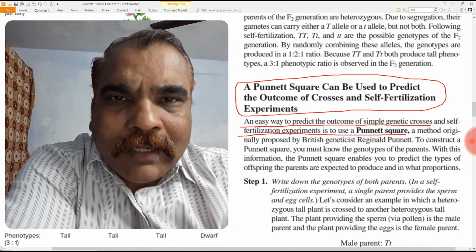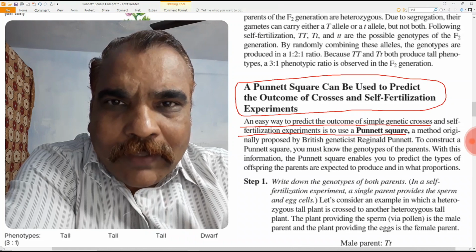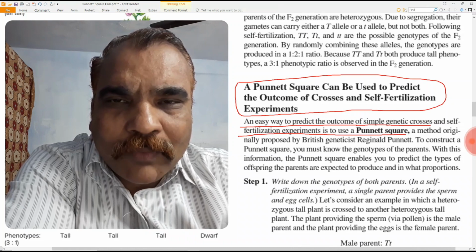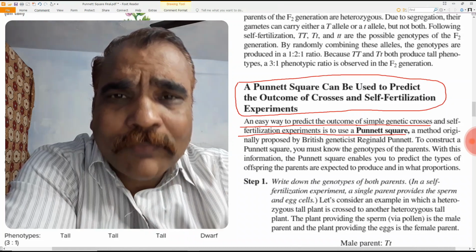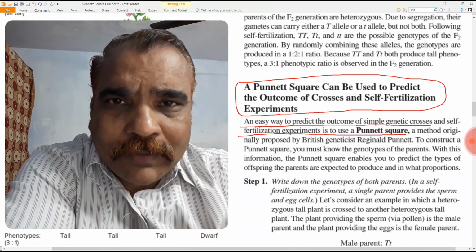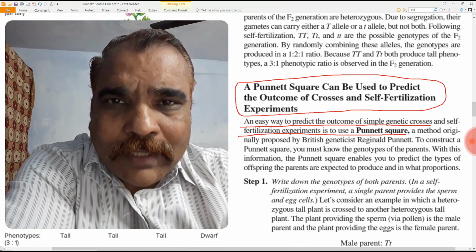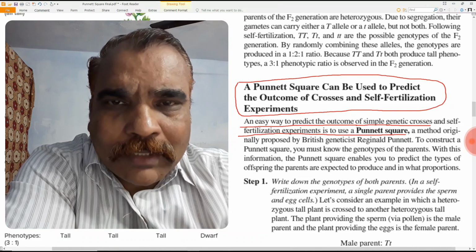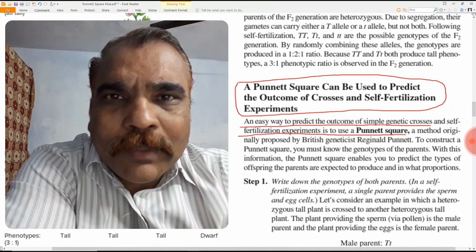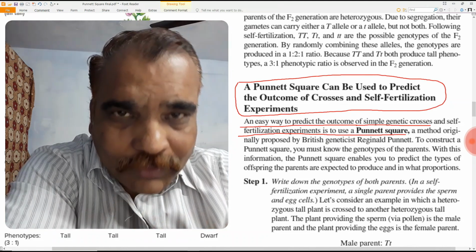Let's say someone tells us to start the cross with a tall heterozygous and dwarf homozygous plant. So what is the question? Someone is telling us to start with the heterozygous tall plant and homozygous dwarf plant, and what will be the genotype and phenotype of the offspring. So this we need to find out.